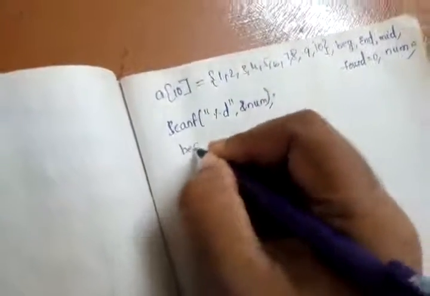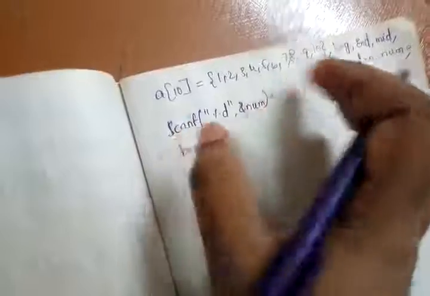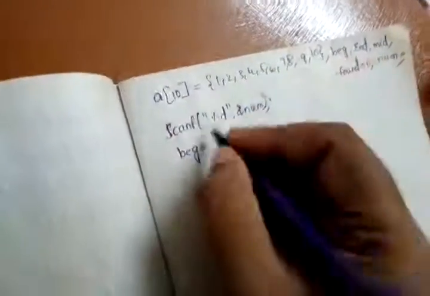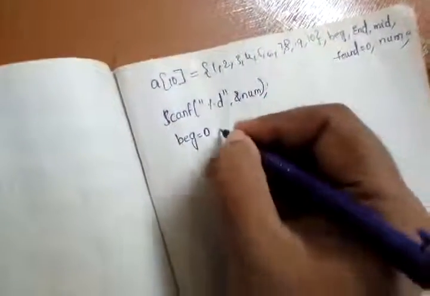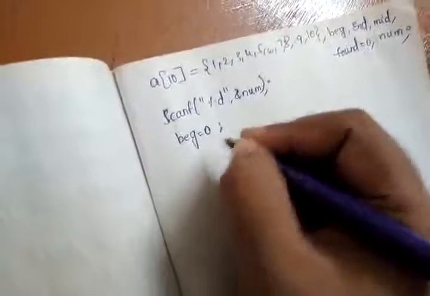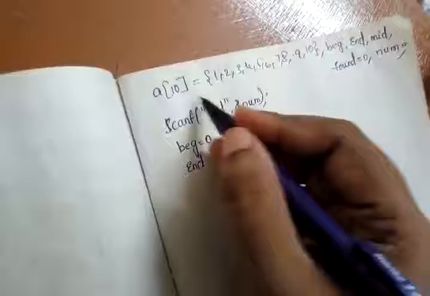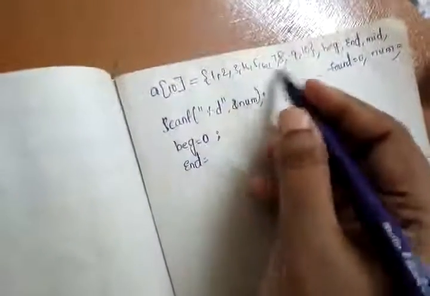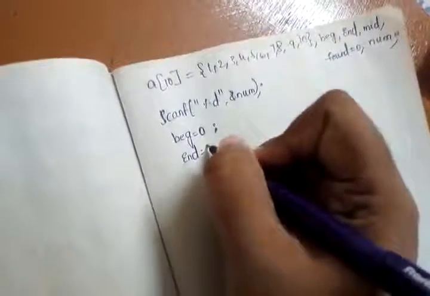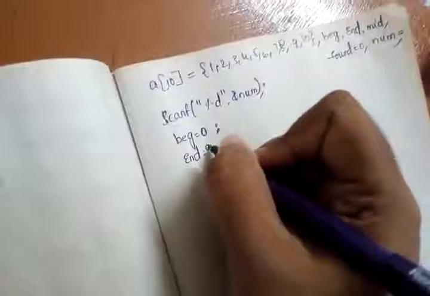Now the beginning index, when we consider the complete array, is 0, and the end index would be, in this case, 10 minus 1. If you take n values, it would be n minus 1. So directly I am taking it as 9.